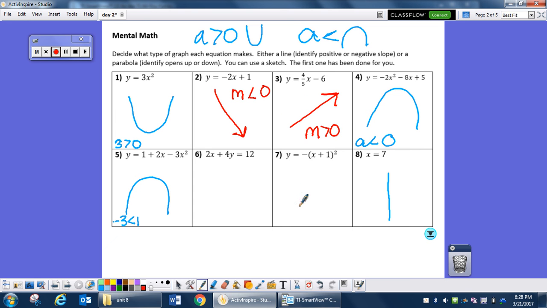And then down here, if you convert this one to slope-intercept form, the graph becomes -1/2 x plus 3. And that means it has a negative slope because -1/2 is less than 0. And I forgot to do this one. If I were to expand this one out, you would end up getting a is less than 0, so you would have a downward facing parabola.